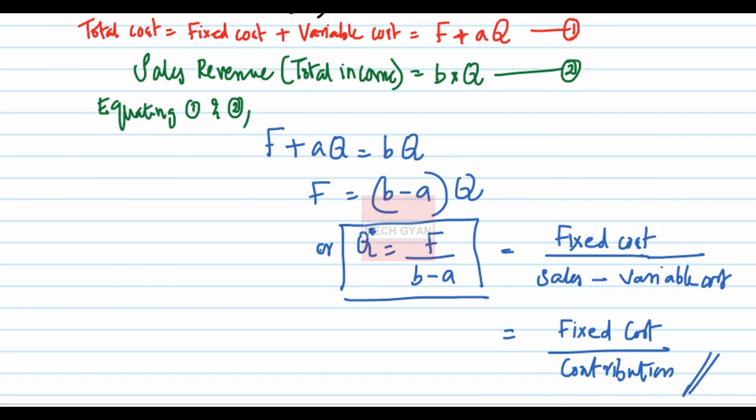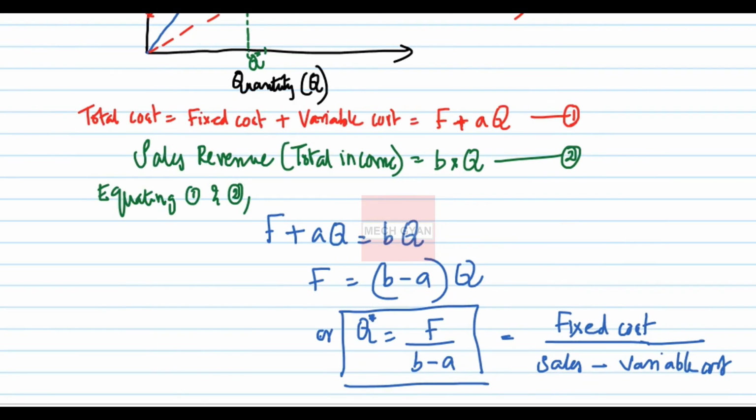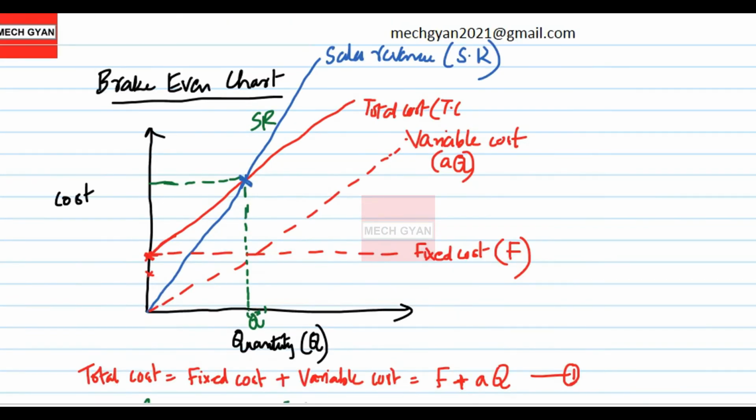Now another thing is that in this curve, at break-even quantity there is no profit or no loss. So at break-even we can also write it as no profit or no loss.